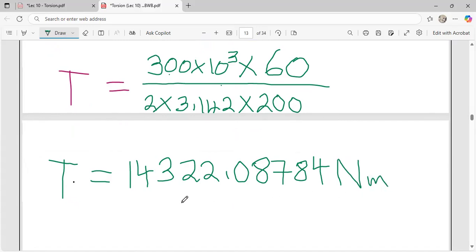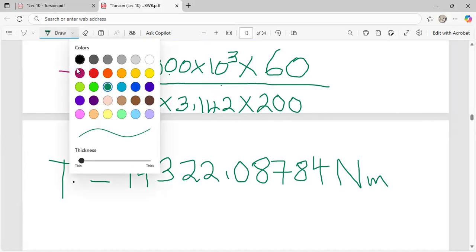Newton meter. Okay, due to that, before we can use it to even calculate for our diameter, we have to convert it into what? In converting it we have to multiply it by what? 10 exponent 3.